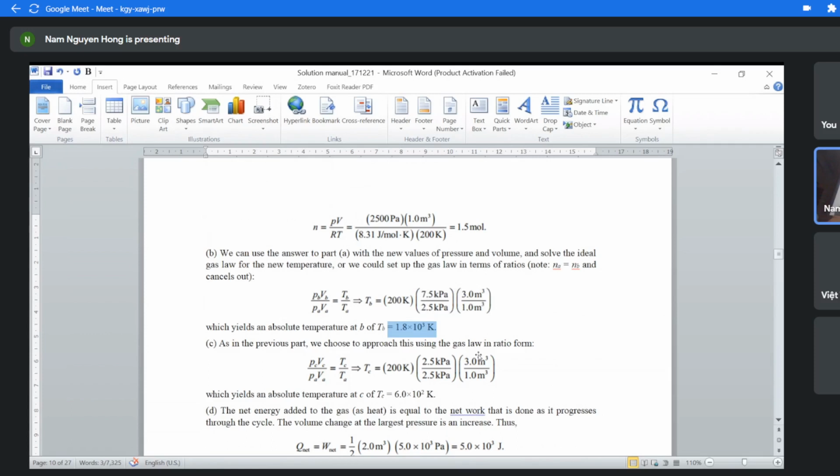And then point C also, you should be able to find the temperature at point C using exactly the same way.